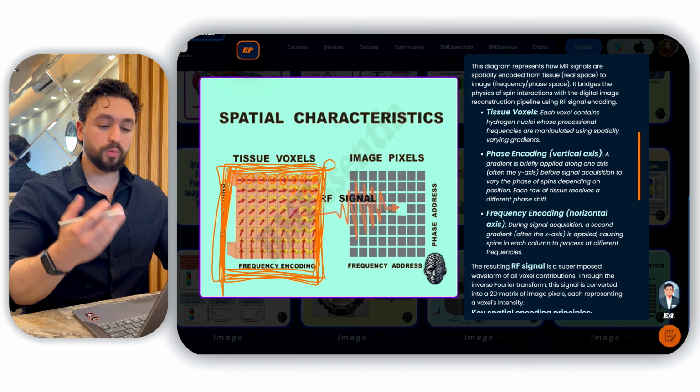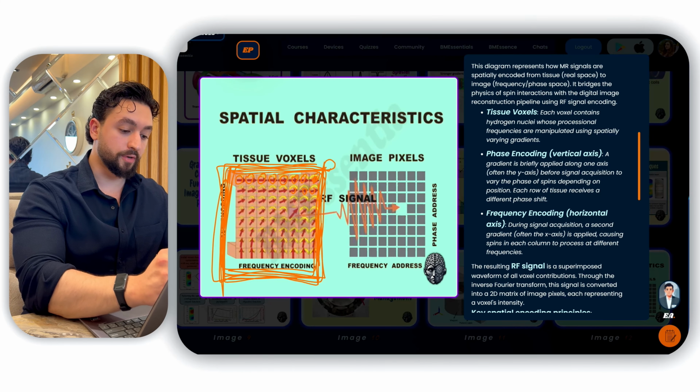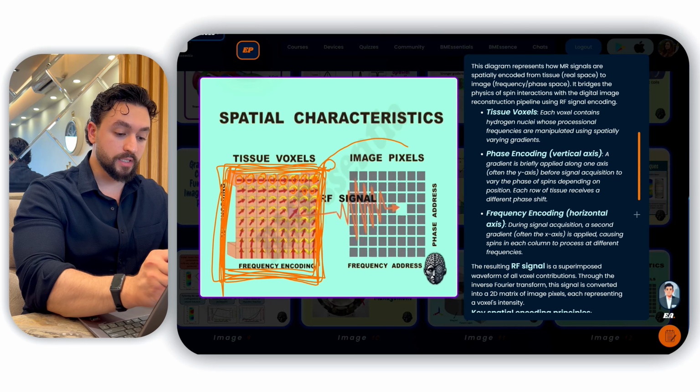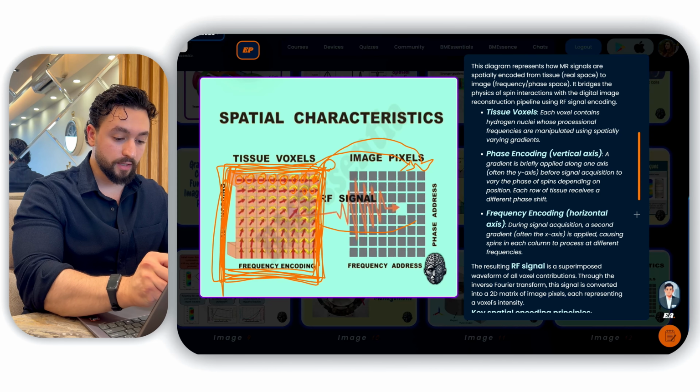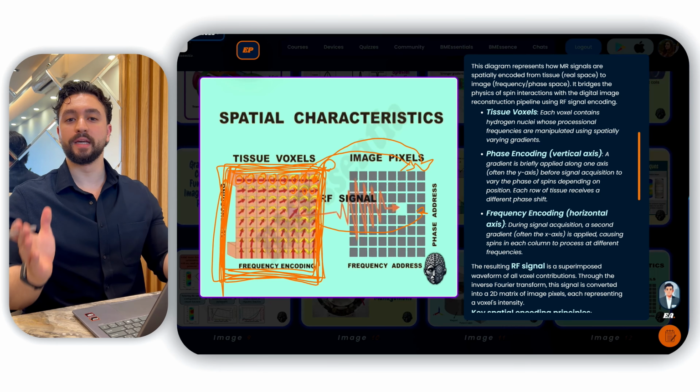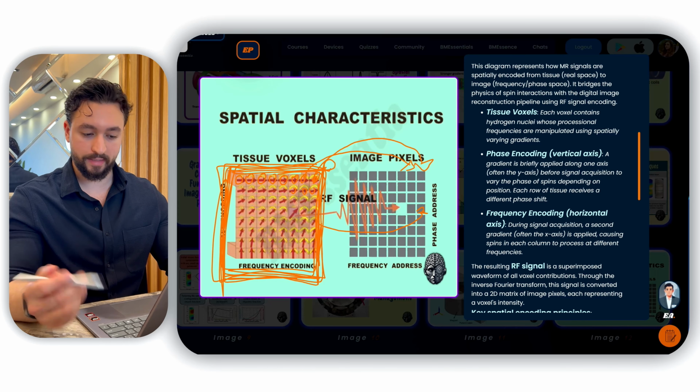And the actual scanner, when it is creating the image, needs to know the exact location of every single one of these little spinning tops in order for it to be able to create a full, uniform, correct image.